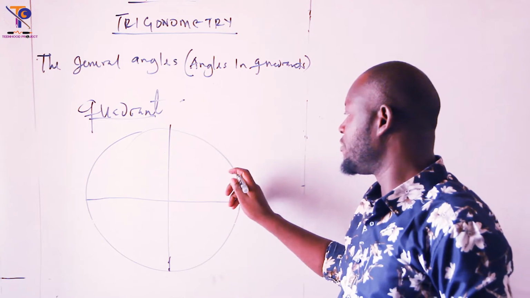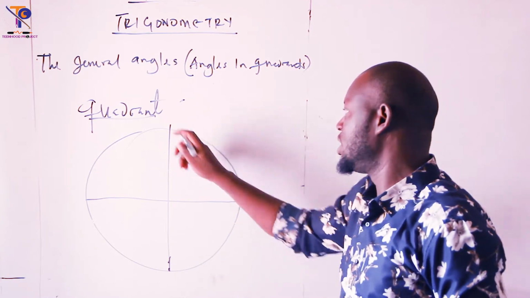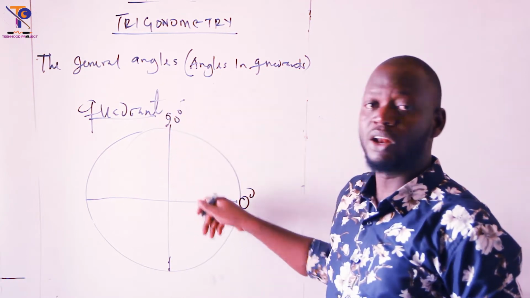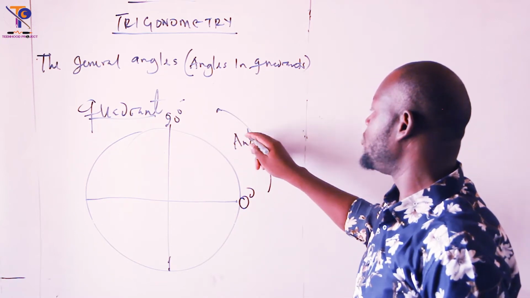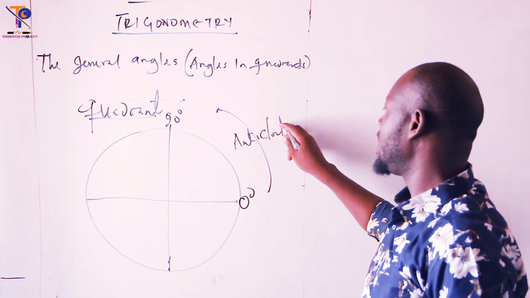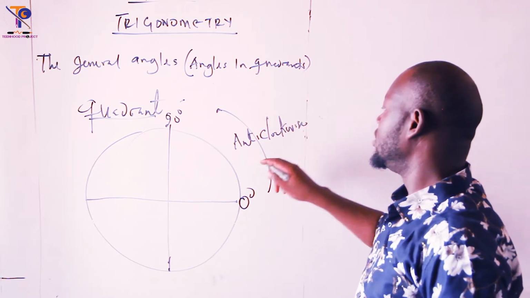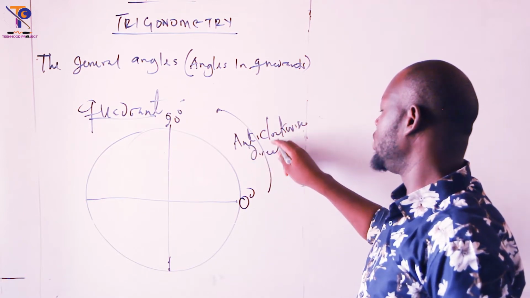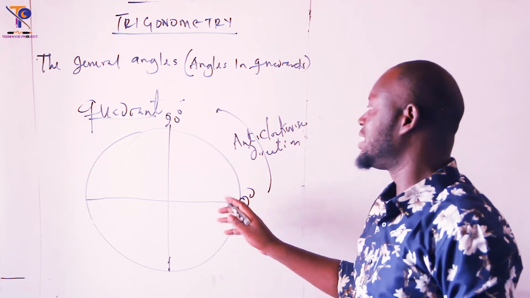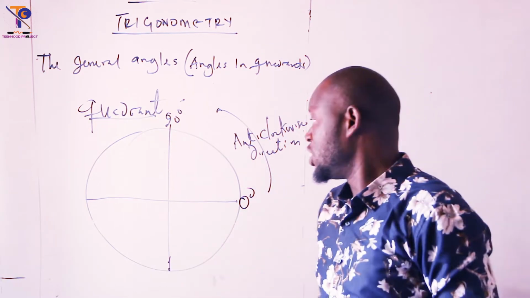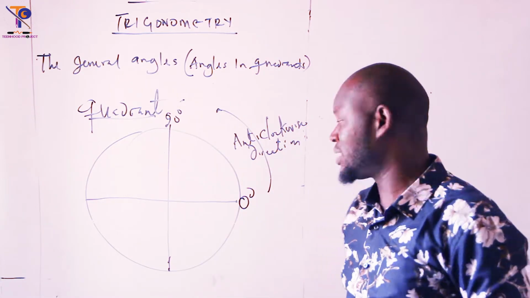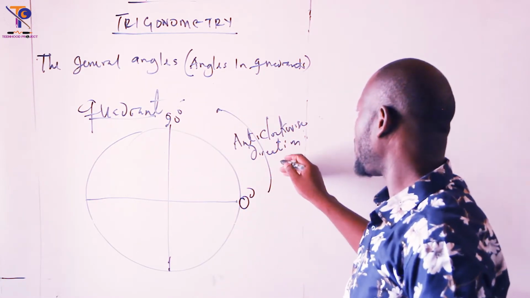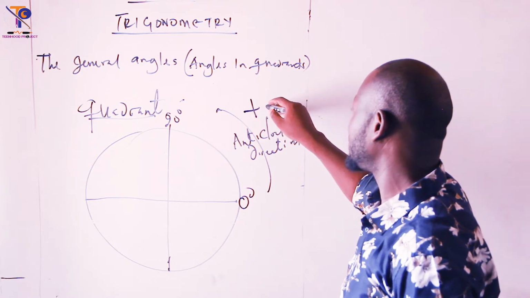So I'm going to be moving from 0 degrees to 90 degrees here, anti-clockwise. So this movement is an anti-clockwise movement. Please pay attention. Anti-clockwise direction now. And that is what we are going to be using. If your values are positive, you go anti-clockwise. So this is for positive angles.